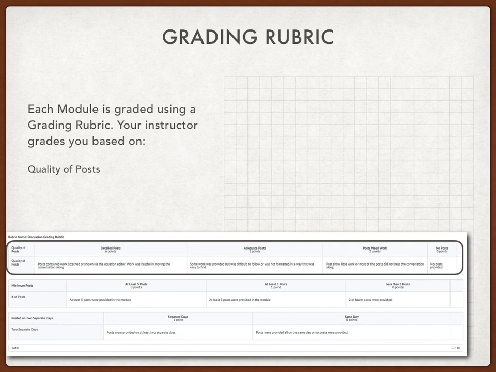Your instructor will provide 3 points if they are somewhat helpful but still a little difficult to read. Your instructor will provide 1 point if the posts do not help the conversation along. And your instructor may provide 0 points if he or she feels that the posts were not very helpful.